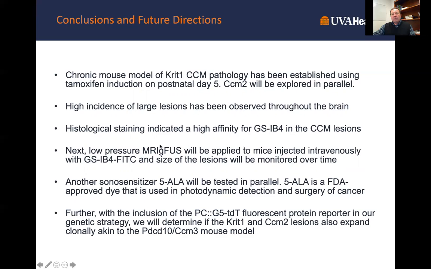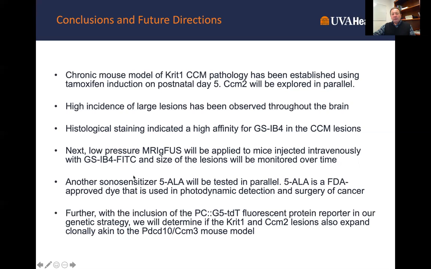And so in our next step, we will infuse these mutants intravenously with fluorescently labeled, FITC-labeled isolectin IB4, and we'll use MRI-guided FUS to expose these animals specifically in the lesions, and we will monitor the size of the lesions over time.